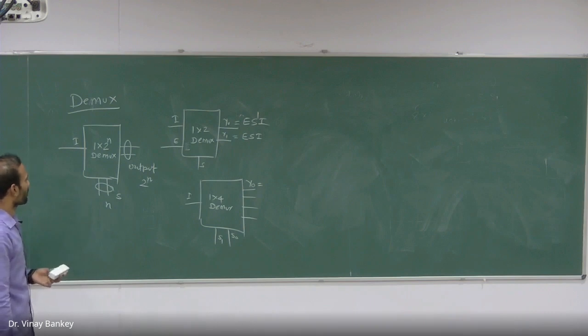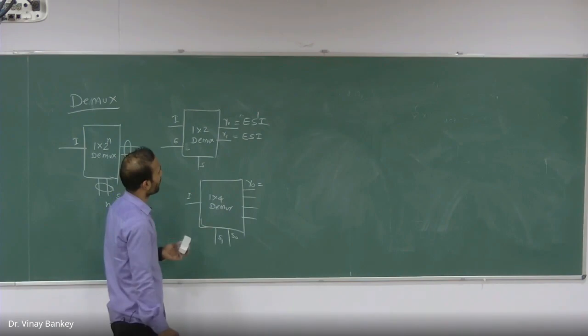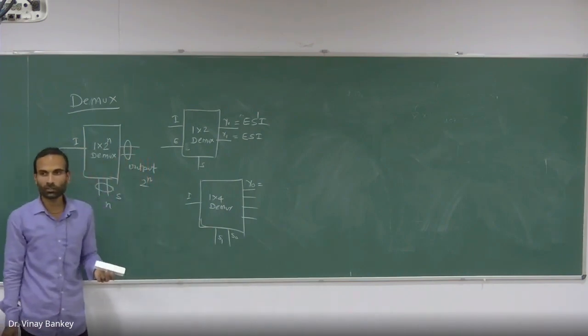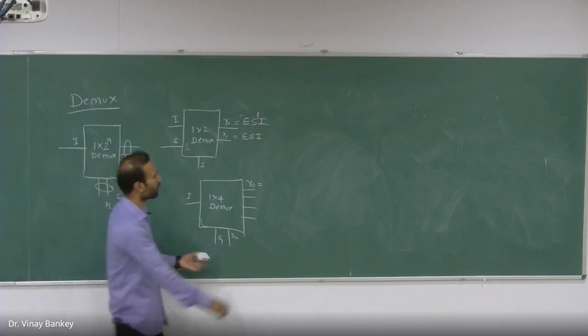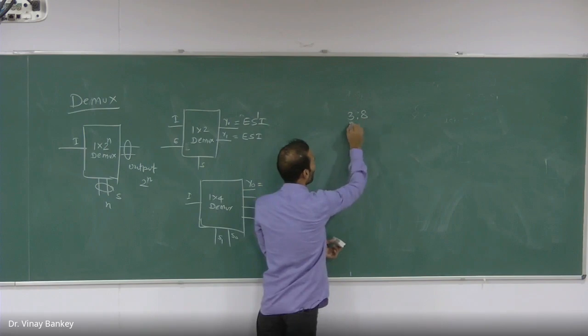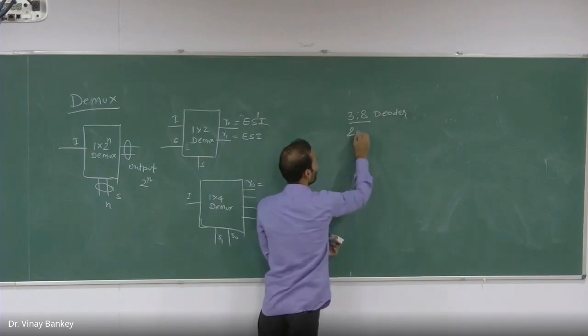Now, if you think about it, it is very similar to a decoder. In the decoder, you saw one example was the 3 cross 8 or 3:8 decoder, and the 2:4 decoder.